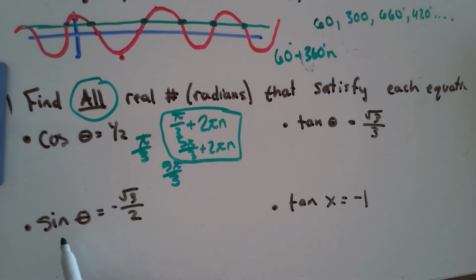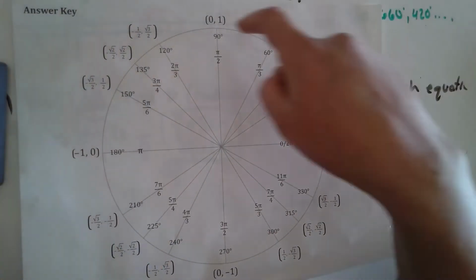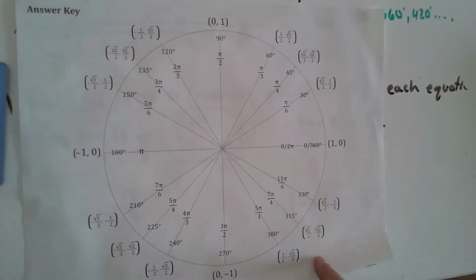Okay, so then let's look at this one. Sine theta equals negative square root 3 over 2. If we look at our unit circle, where is sine, our y value, negative square root 3 over 2? So sine is negative. All students take calculus, so it's going to be these two. Negative square root 3 over 2 we have at 4 pi thirds and 5 pi thirds.